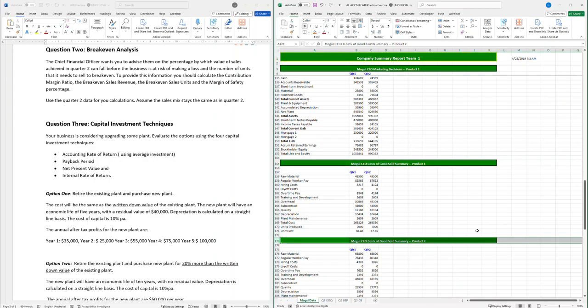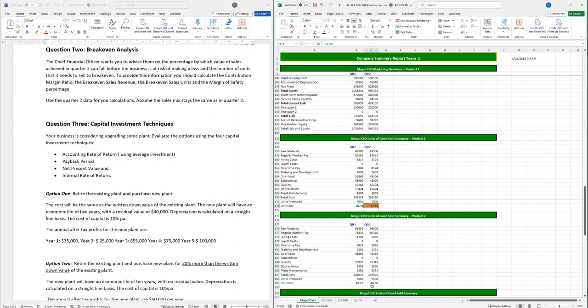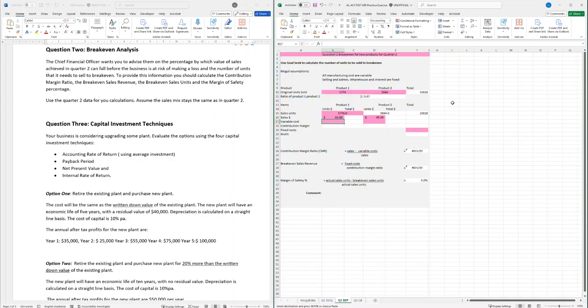There we go. In the cost of goods sold section you should be able to see your unit cost, which is $37.44. So we'll just copy and paste these two numbers and put them in here.